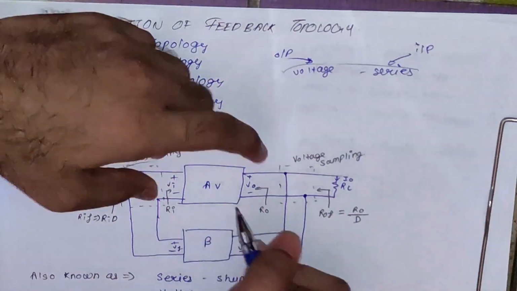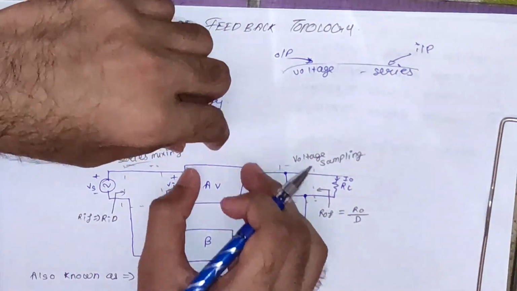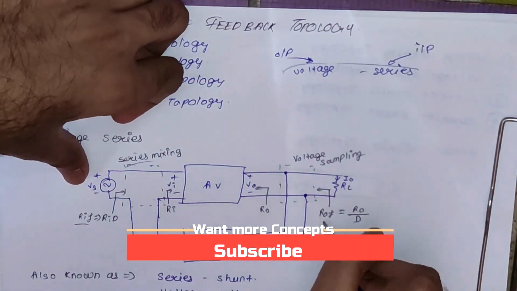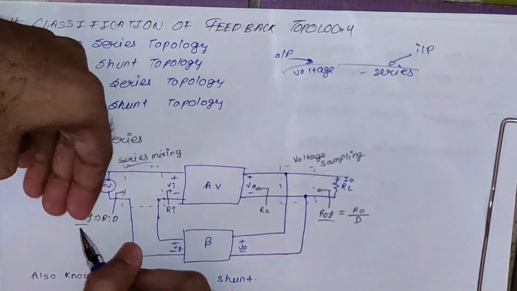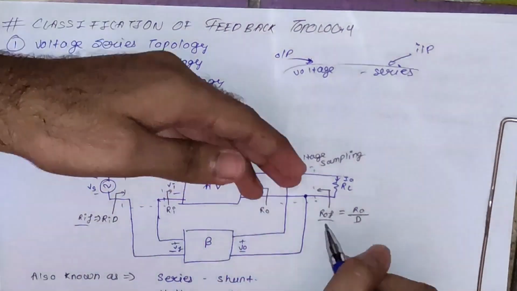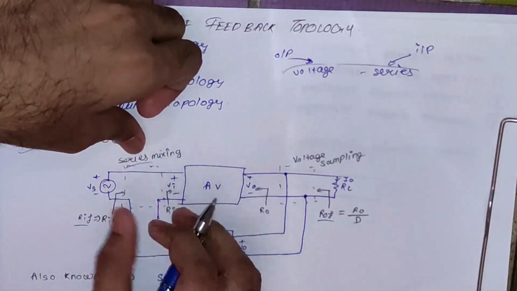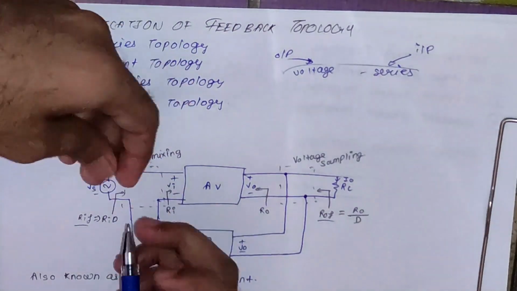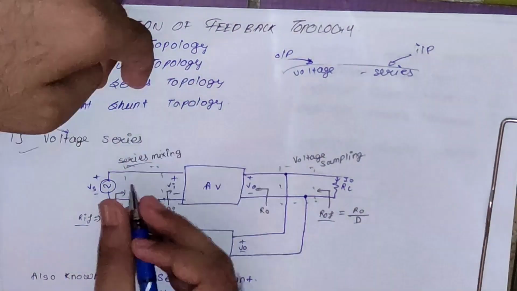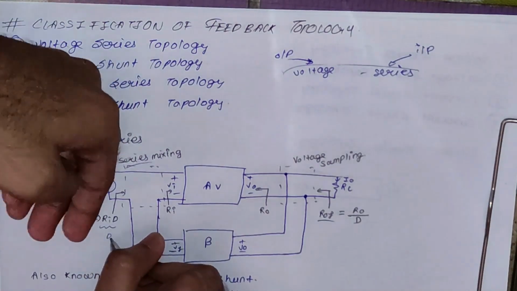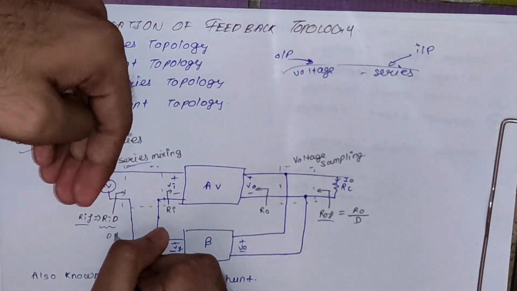Now let's see what will be the effect on input and output resistance. This is our input and output resistance for the open loop gain, basically for this block, and for the complete block we have RIF or ROF, which are also called input resistance with feedback and output resistance with feedback. Since we have mixed in series, the input resistance is going to increase. That's why you can see we have multiplied the desensitivity factor with RI, so the resistance is going to increase.